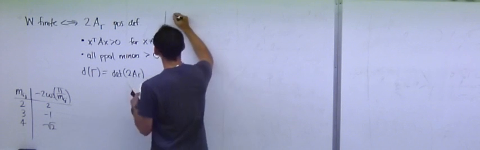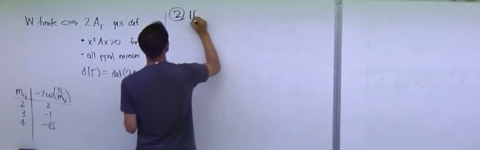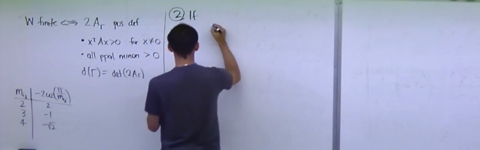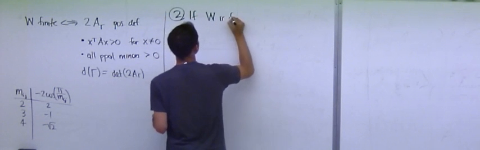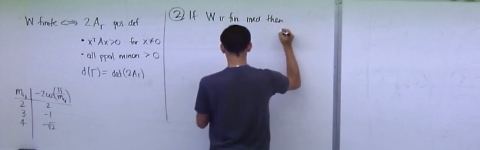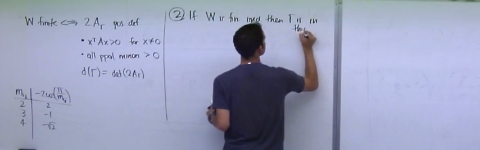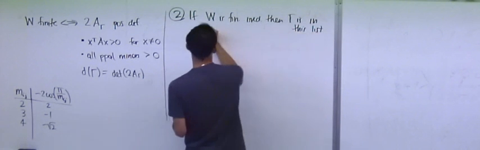Okay. So we're returning now and saying if W is finite, irreducible, then gamma is in this list. Okay.